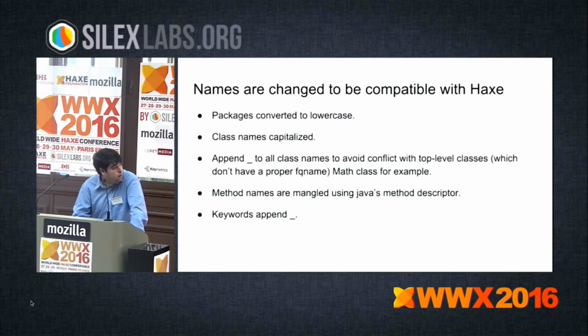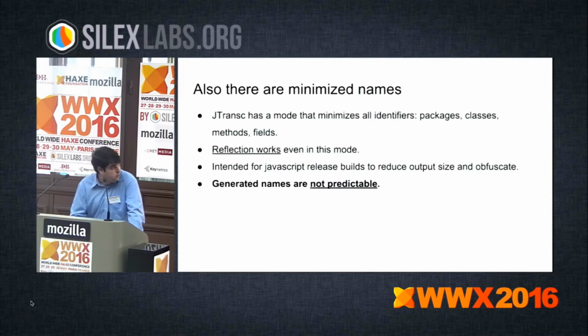For example, since the Math class is a top-level class, you cannot fully qualify it, and in order to deal with that, I appended that. And also, Haxe keywords are appended with an underscore.